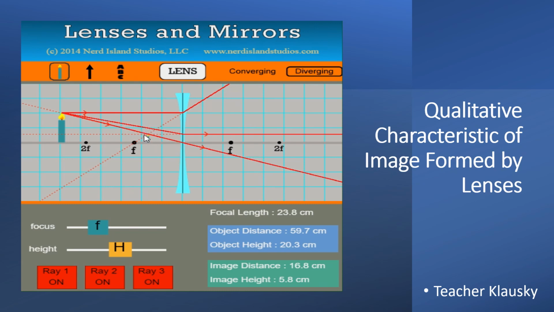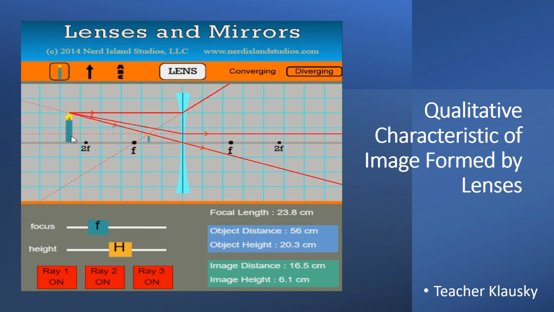So the image forms here where the three rays meet. The location of the image is between the focal point and the vertex of the lens. The size of the image is smaller than the original size, but it is upright and virtual.